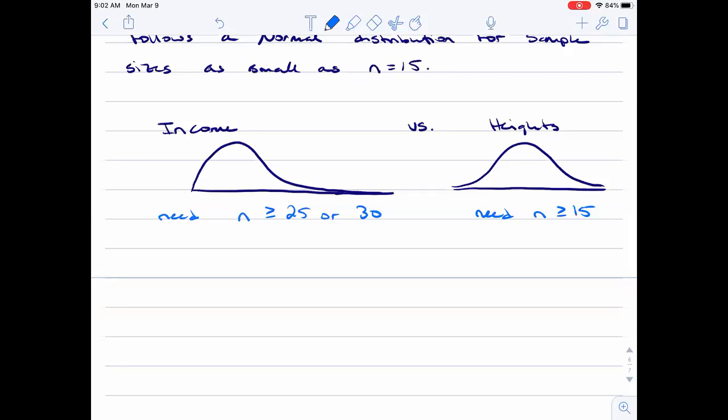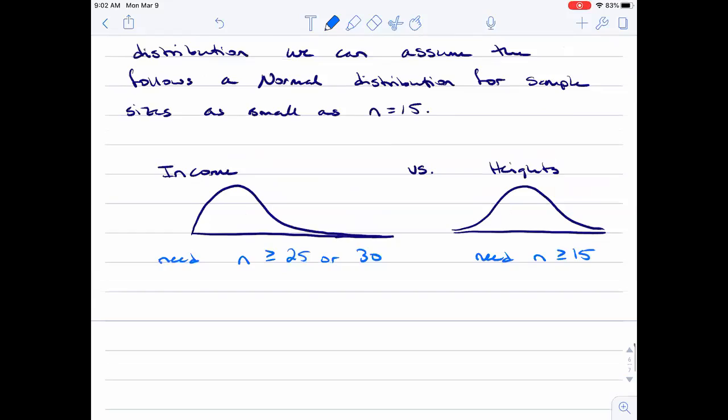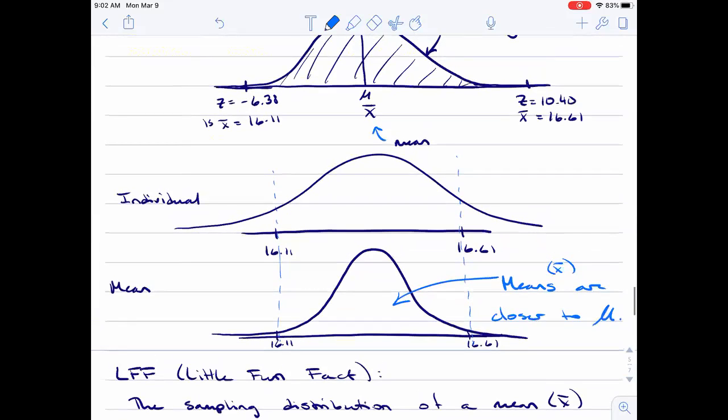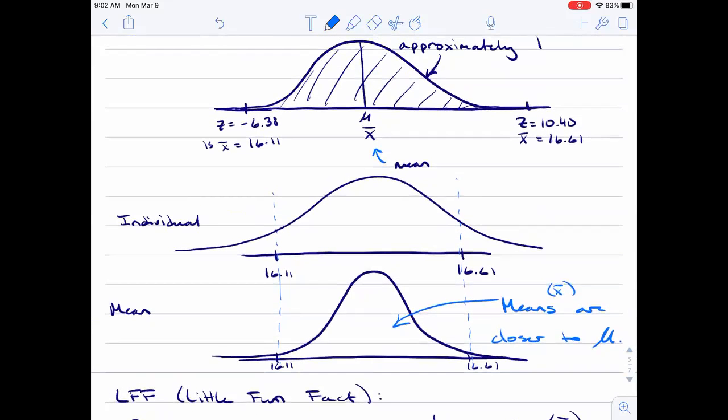Just going back to the approximately one answer, will that always be the case? Often, just because the means are so much closer together, right? But as a fact, the probability for the means is going to be a lot larger than the probabilities for individual observations, right?